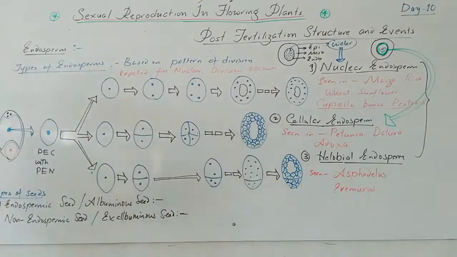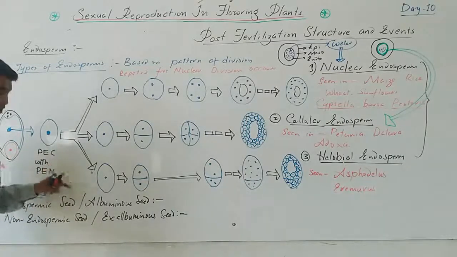So this is an important one. Based on this, questions will arise. So examples, types, correct. The endosperm is formed only to supply nourishment for the developing embryo.